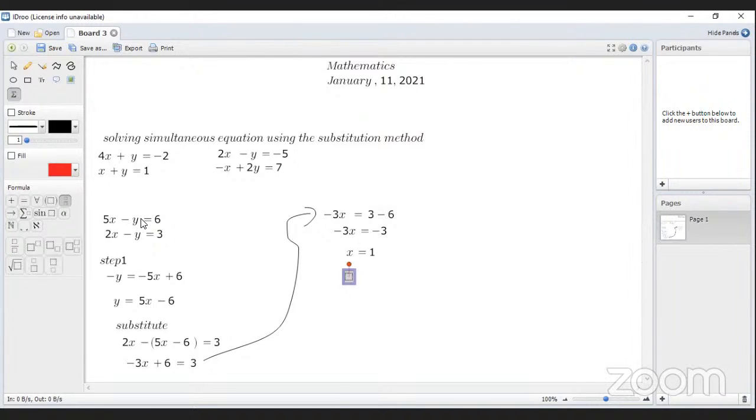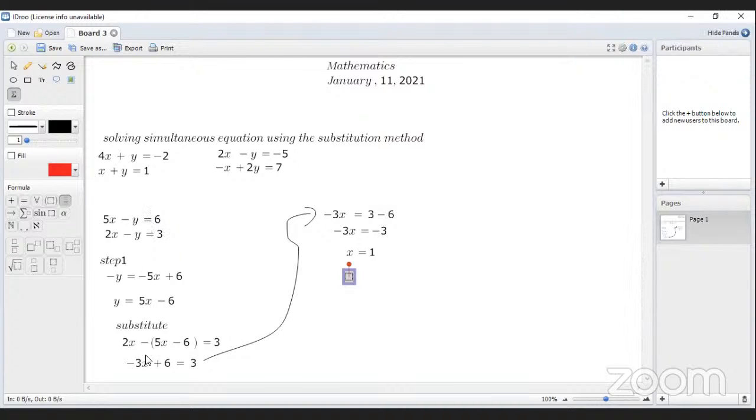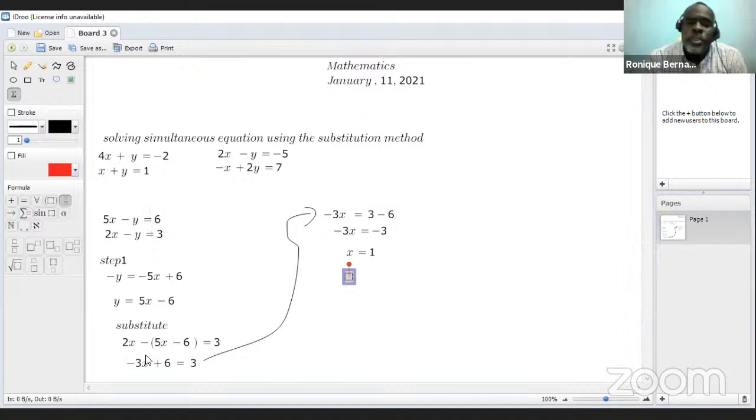You substitute x in the second equation. But would it be that we use the second equation to find the value of x? All right, no problem.